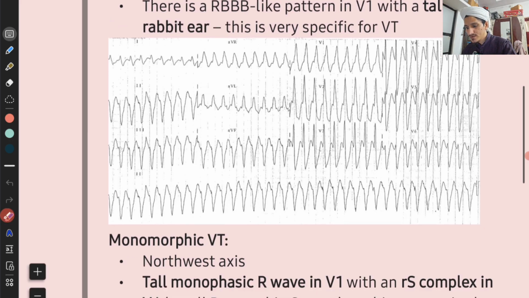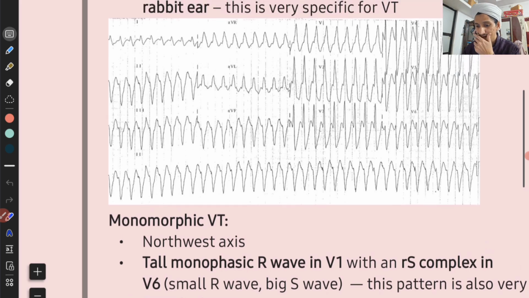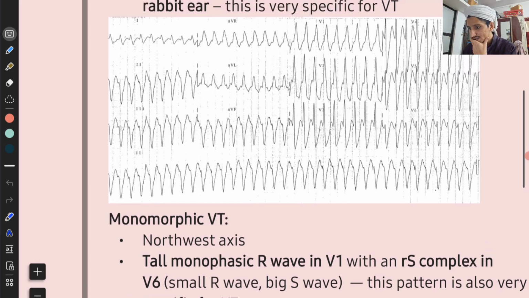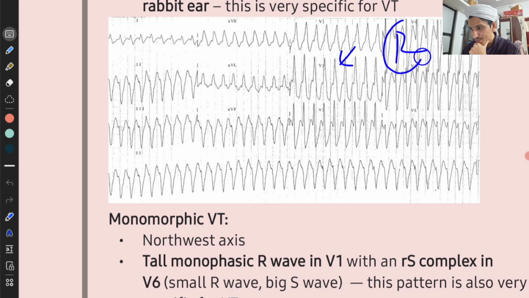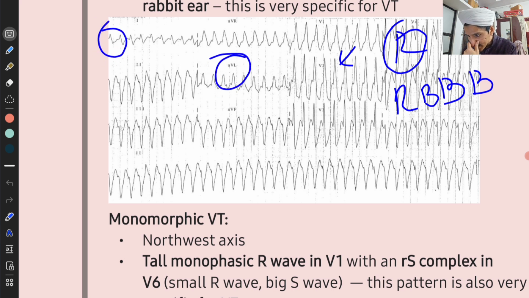Now this is also an example of monomorphic VT. This is a very tricky thing. You are seeing the right ear more than the left, which suggests RBBB, and complexes are broad. But along with V1, you should also see aVL and V6.